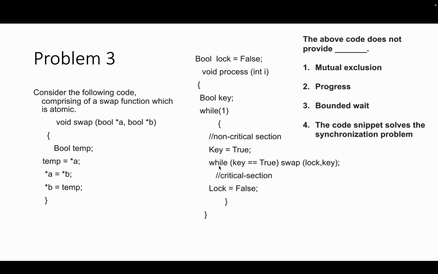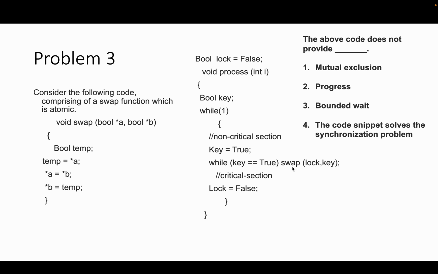Then there is a while loop checking the value of key, and if it is true, then the while loop condition will be true, and then the swap function will be called. The swap is given two parameters. First is the lock variable, second is the key.